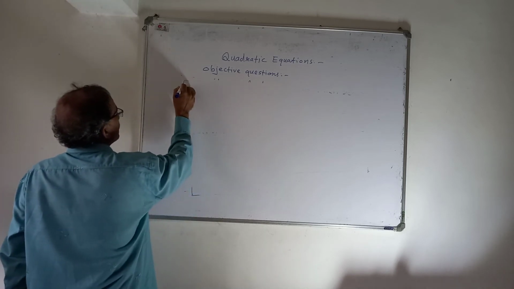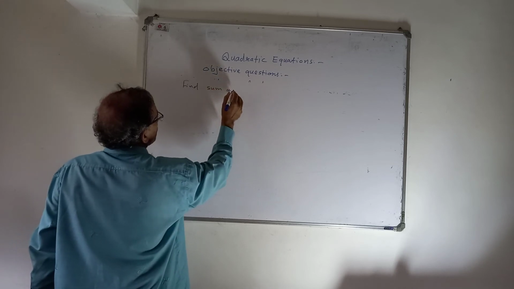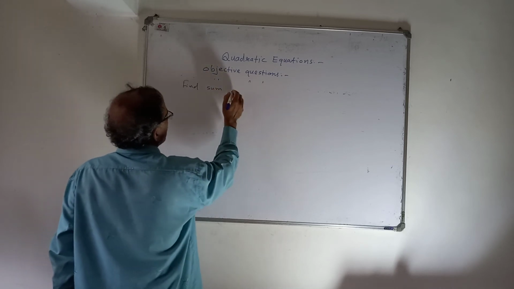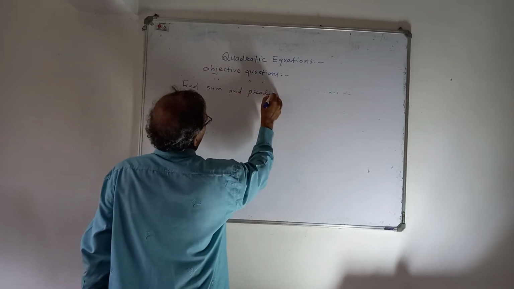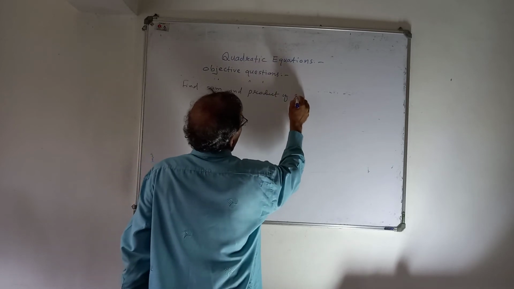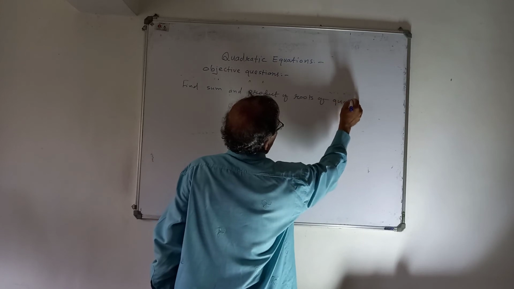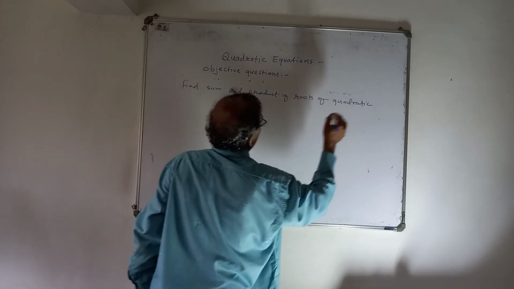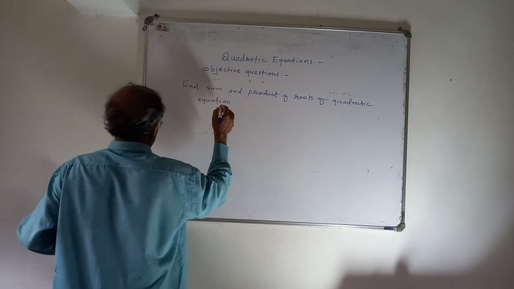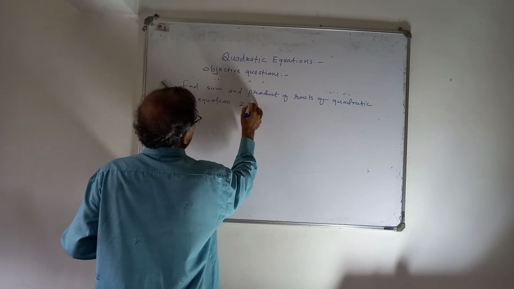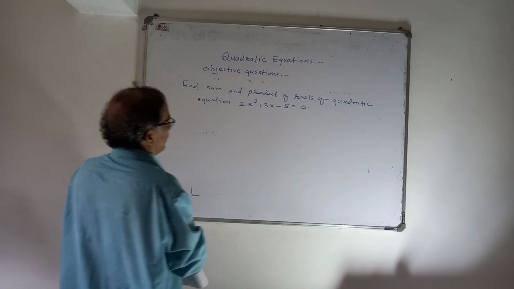Find sum and product of roots of quadratic equation 2x square plus 3x minus 5 is equal to 0.